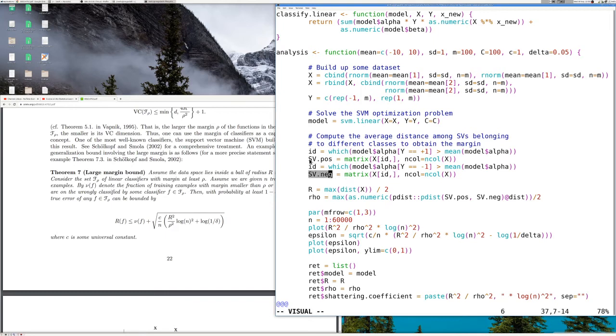What I did was this. If I have the positive support vectors and negative support vectors, I can basically compute their distances. This function pdist comes from this package. It is capable of measuring how distant, of course Euclidean distance is the default, the positive support vectors are from the negative.